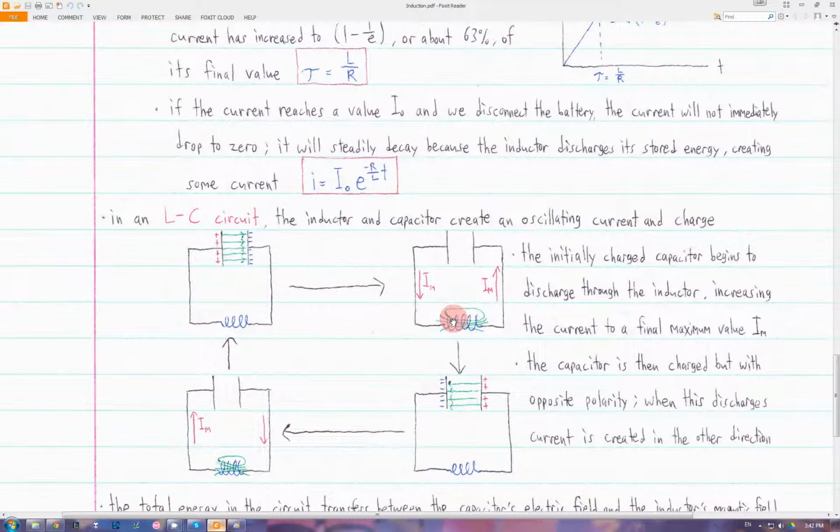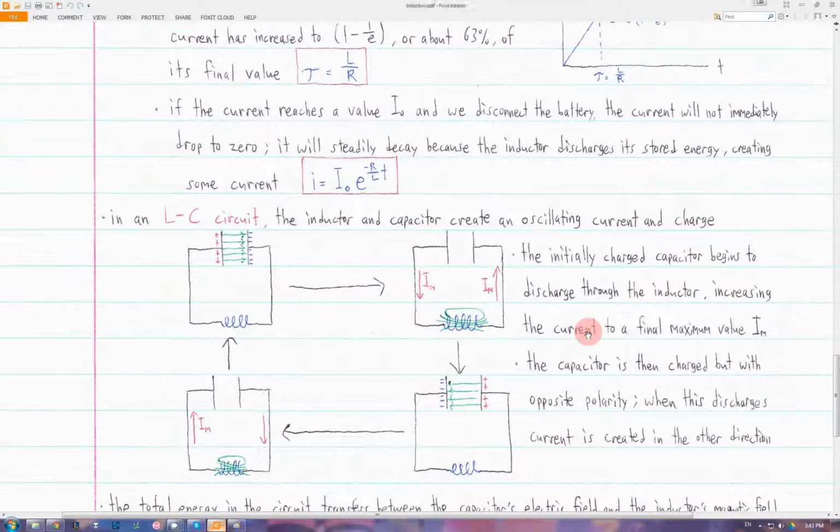And at the point when the capacitor is fully discharged, there's no more charge left on either of its plates, then the energy in the inductor is going to reach a maximum. And so is the current. The current is going to reach its maximum value, which we'll denote with I subscript m.